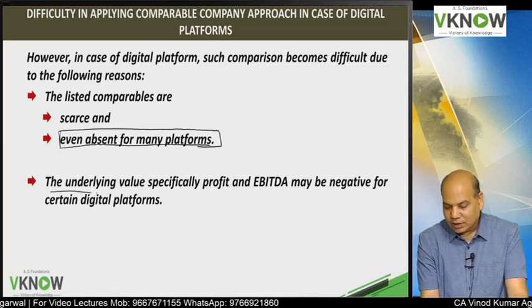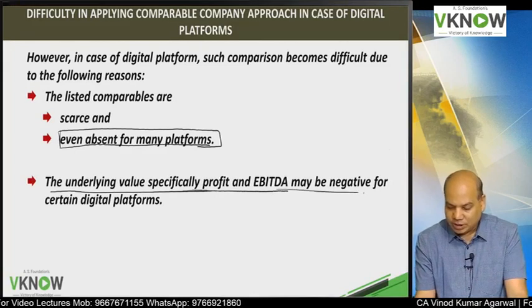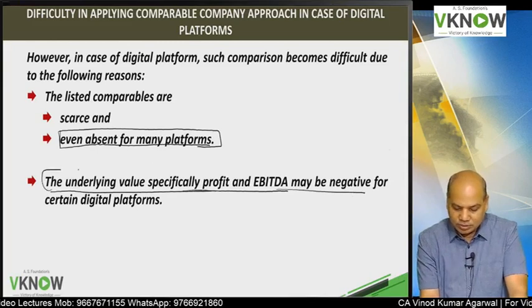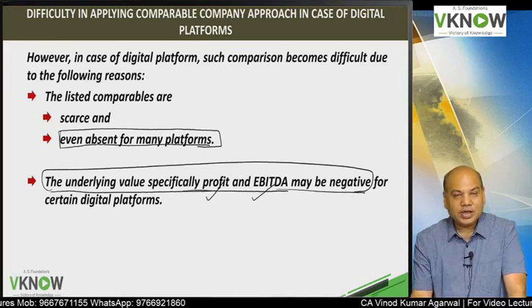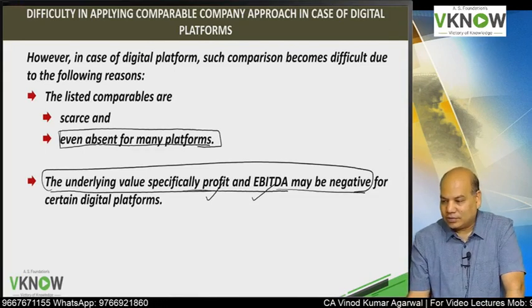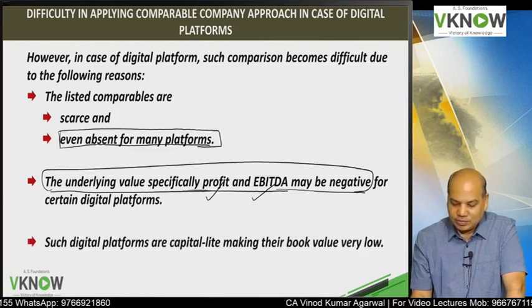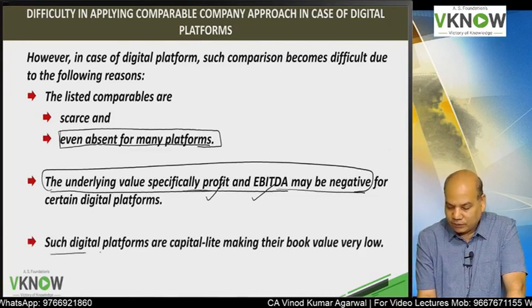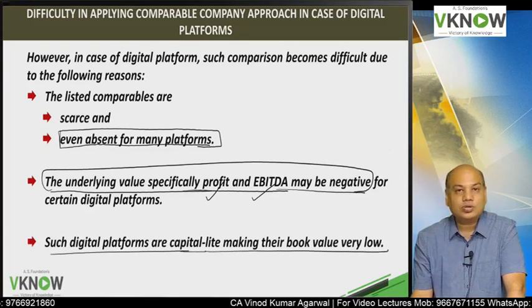Then the underlying value, specifically profit and EBITDA, may be negative. Oh my God, the company you want to value has a negative earning before interest and tax, negative profit, and how do you compare them? Such digital platforms are capital light, making their book value also very low.